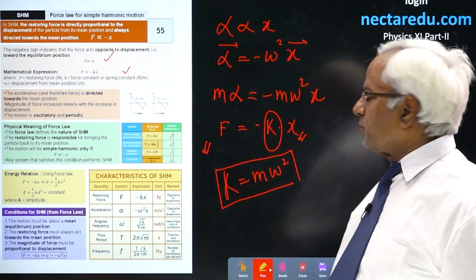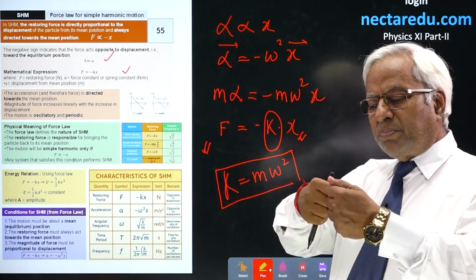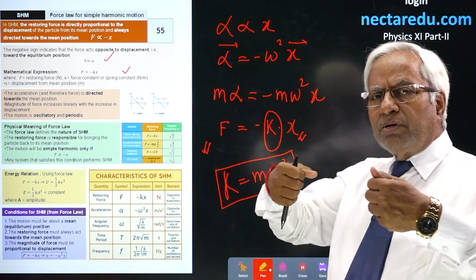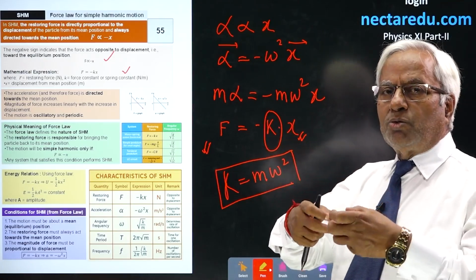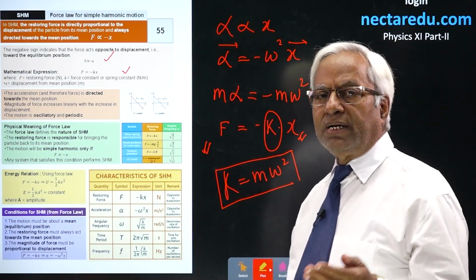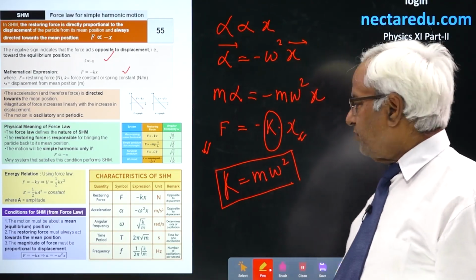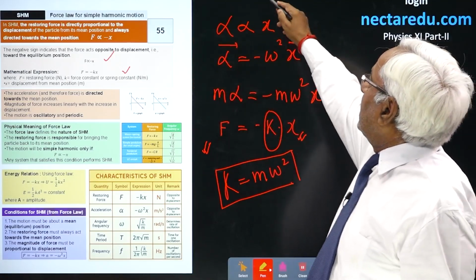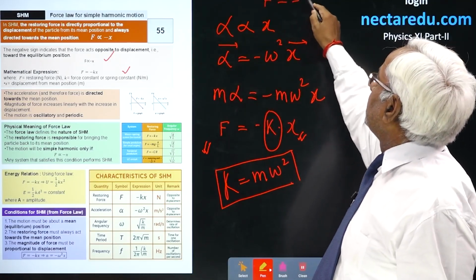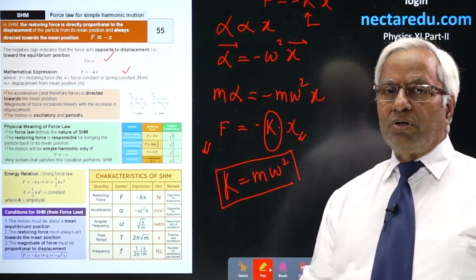K is known as force constant, as you notice in the case of a spring. When a spring is pulled or even compressed, then a force acts that tries to restore it, and that force is directly proportional to the displacement. That's known as restoring force, or you can say elastic force, and that is also given by this relation where you call K a force constant.